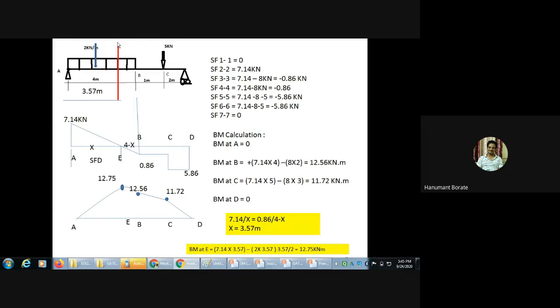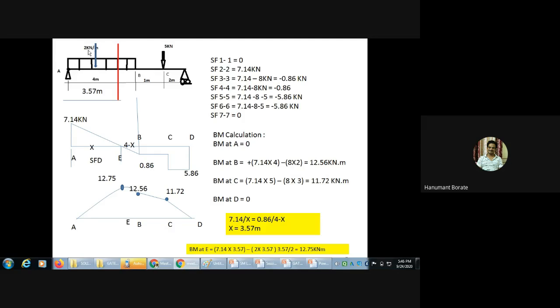Now if we take a section here, consider the left part only, and check how many forces are at the left part. Here is the upward force, that is 7.14 kilonewton, and this much partial UDL, means up to this 3.57 meter UDL we need to consider. Don't consider the whole UDL, right? Now you can check the intensity of UDL is 2 kilonewton per meter, and for the calculation purpose we need to convert this UDL into a point load.